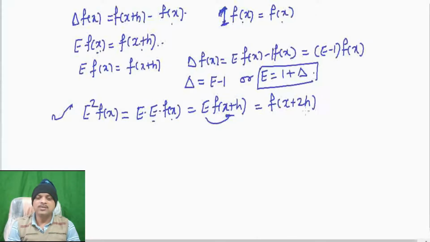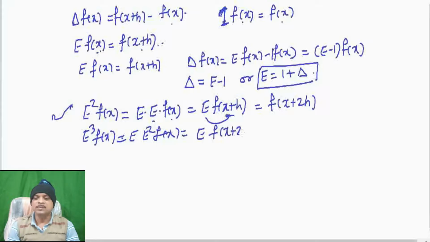Similarly, E cube of f of x equals E of E square f of x, which equals E of f of x plus 2h. Now we have to add another h, so this will be x plus 3h. So we get f of x plus 3h.